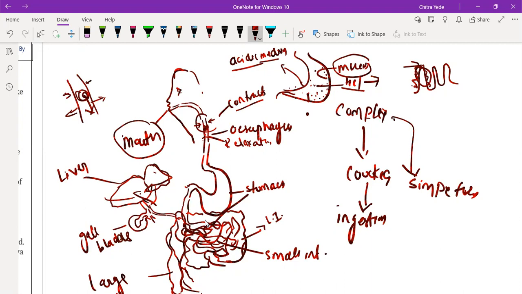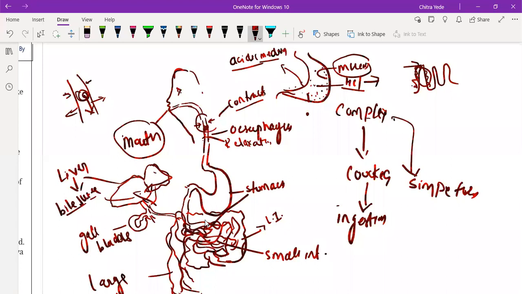So what is the role of bile juice, which is secreted by the liver? Bile juice is very alkaline in nature. In the stomach, the food was acidic in nature. If that food entered the small intestine, the inner lining wall of the small intestine would get ruptured.